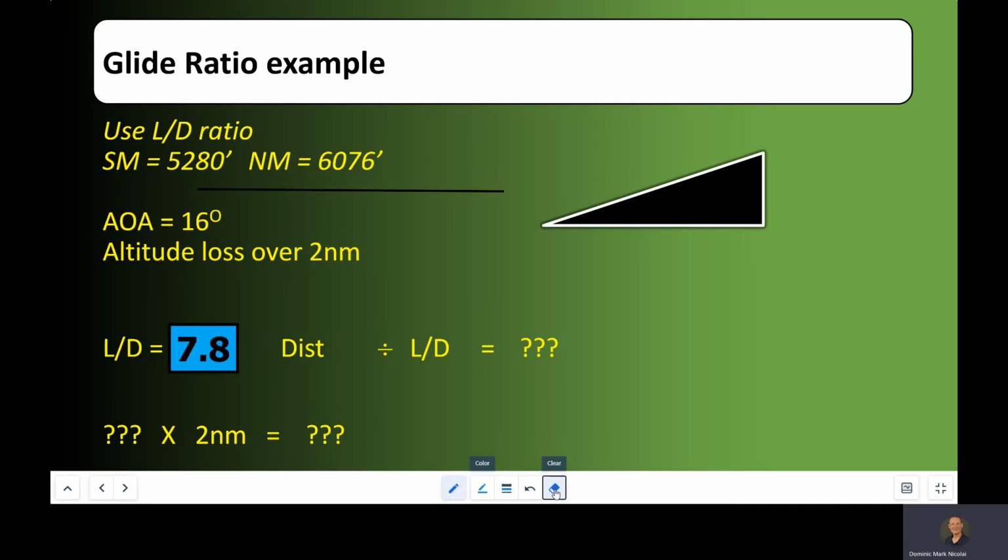If you got 7.9 or 7.7, you'll be within tolerance here. But 7.8 is the number for the lift to drag ratio. What that simply means is for every 1 foot that you drop in altitude, you go forward 7.8 feet.